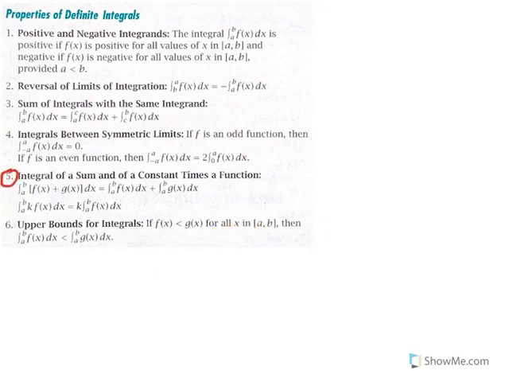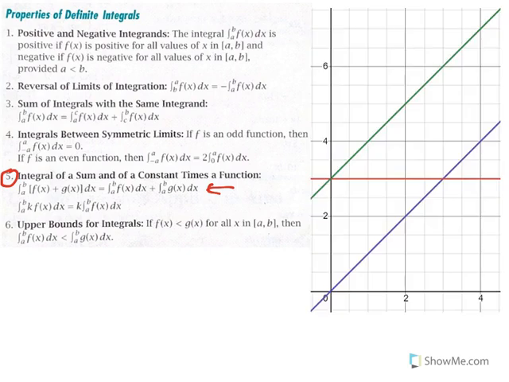So now we'll conclude by considering the first property from number 5, integral of a sum. So suppose we have this function here, f of x is equal to x, and suppose we have the constant function g of x is equal to 3.